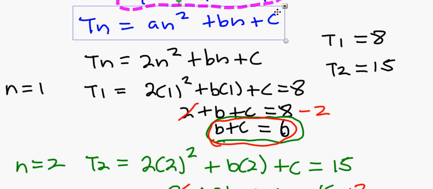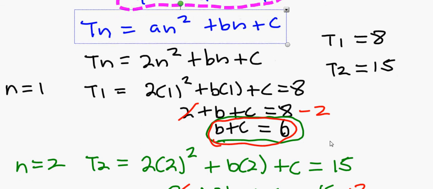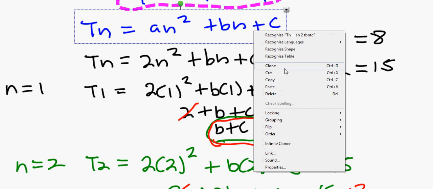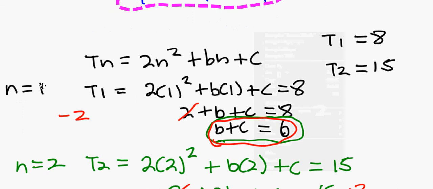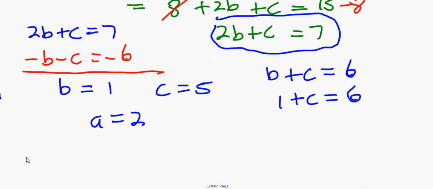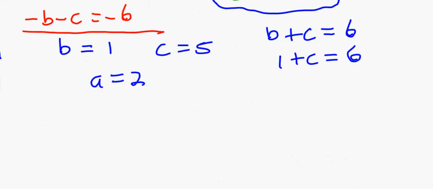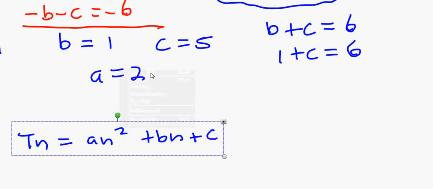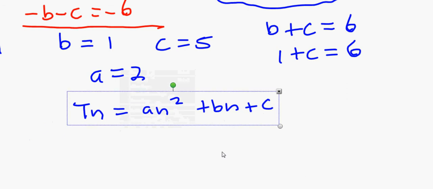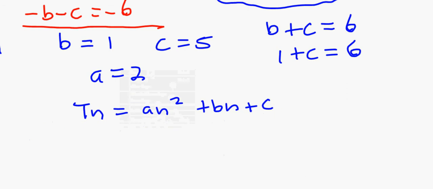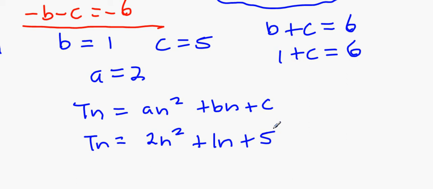So we know that Tn, the general term, is an squared plus bn plus c. An is 2n squared, bn is 1n, and c is 5. So Tn equals 2n squared plus n plus 5.